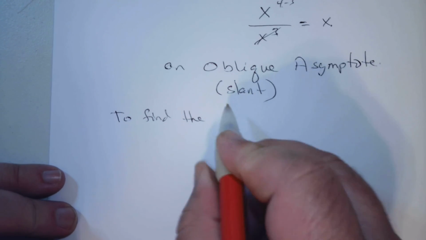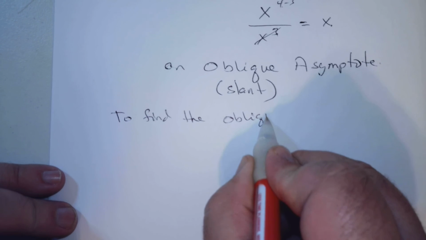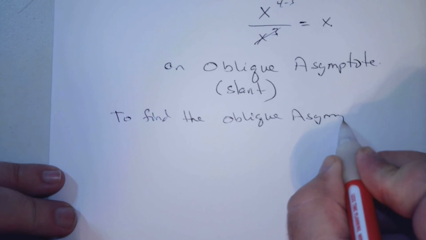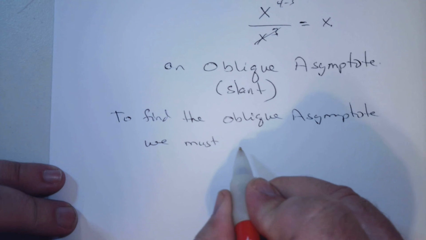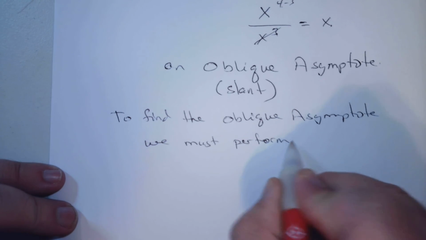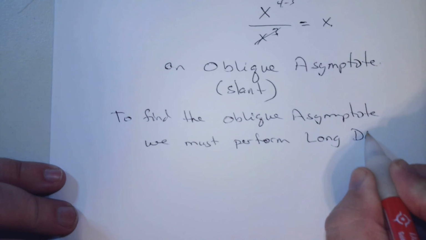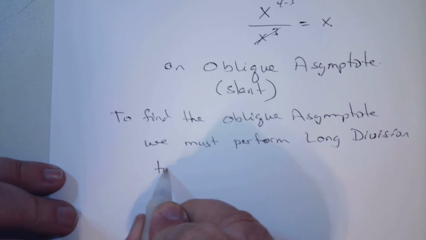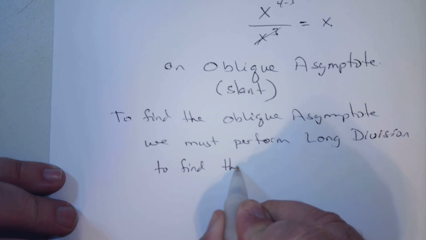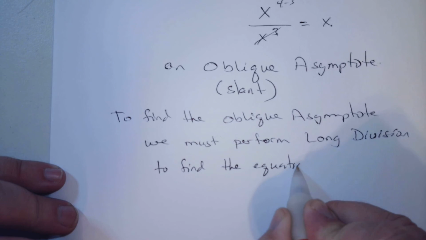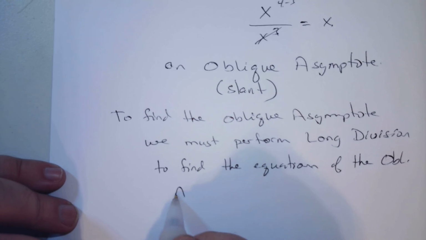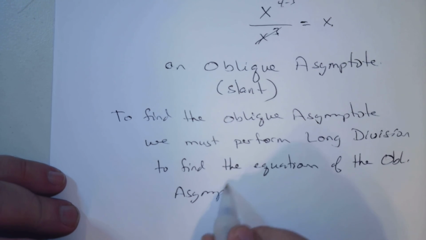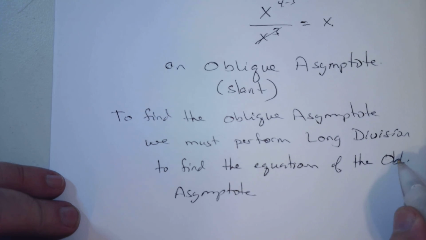To find the oblique asymptote, we must perform long division to find the equation of the oblique asymptote.